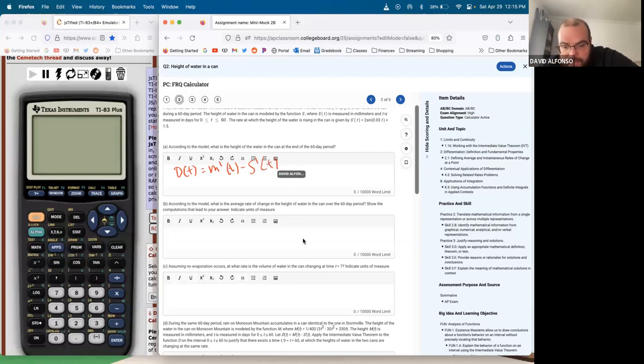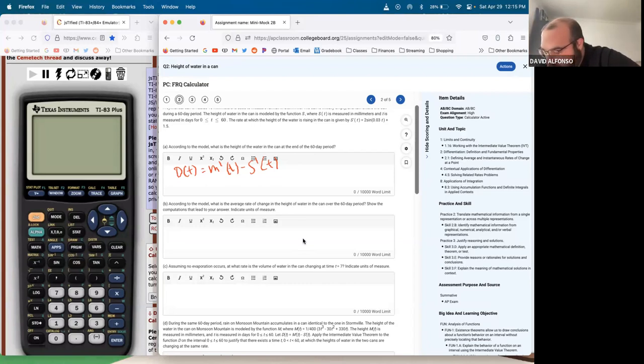For the intermediate value theorem, if you remember, it states that if the function is continuous, that's the only thing that matters, then every value of y in an interval is covered from A to B.